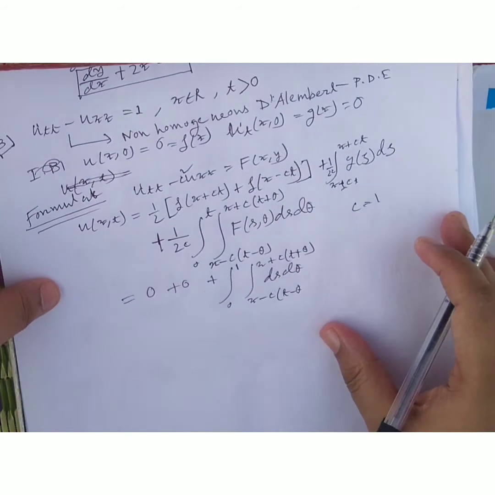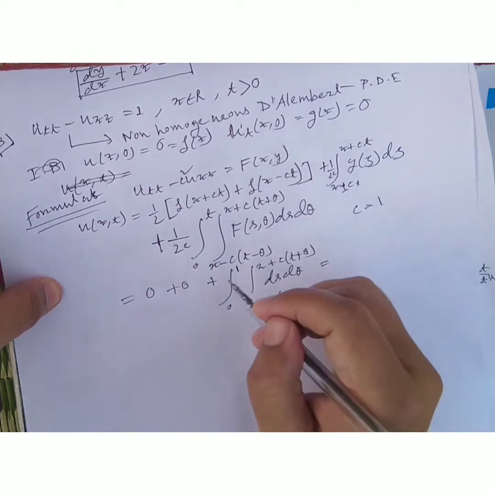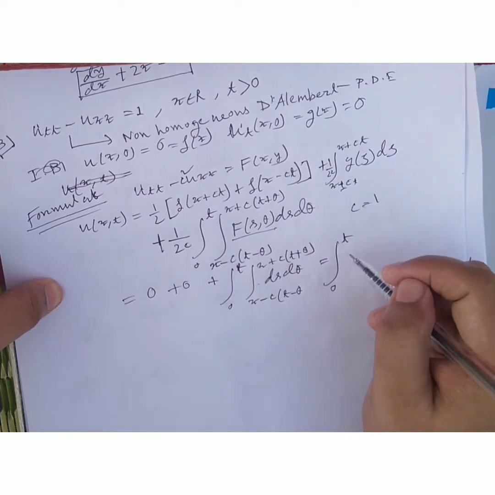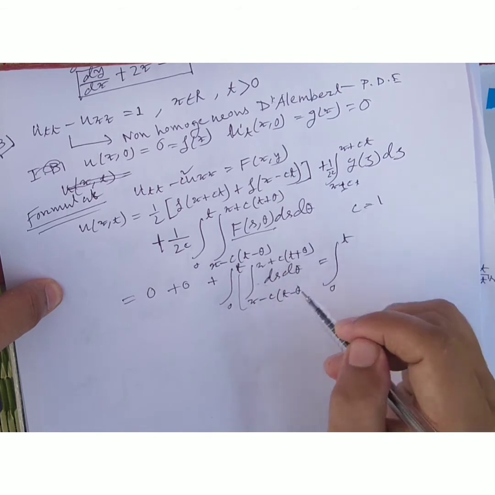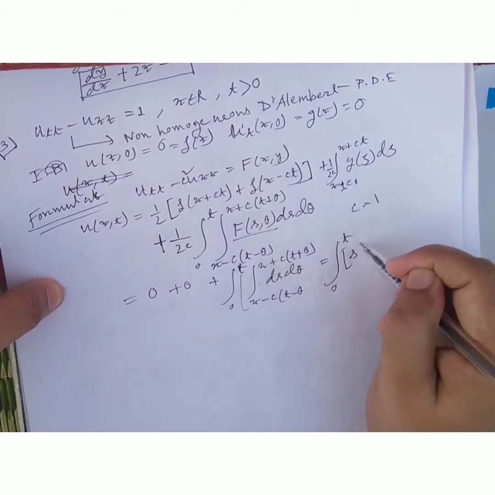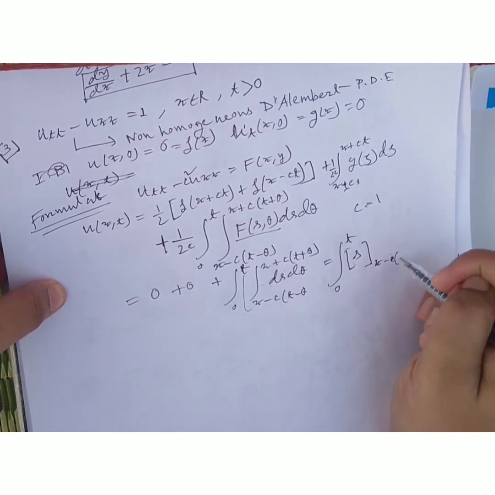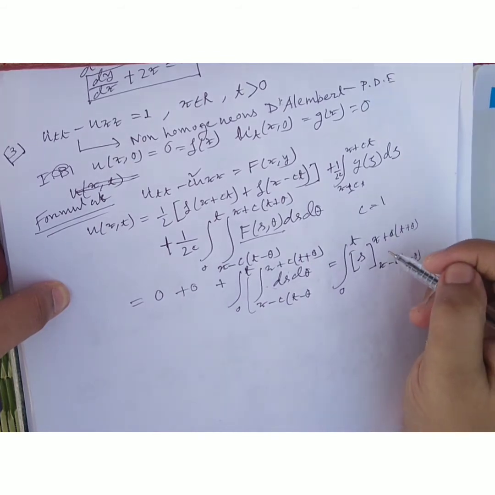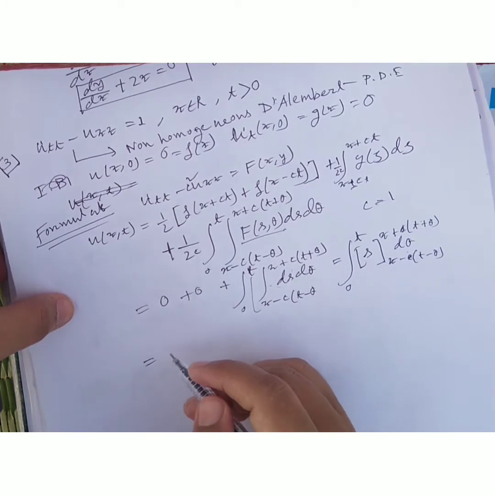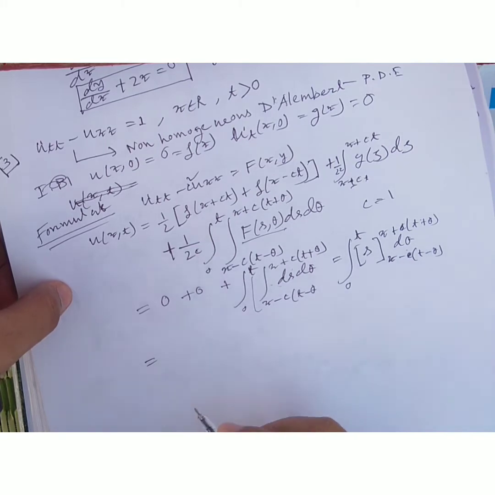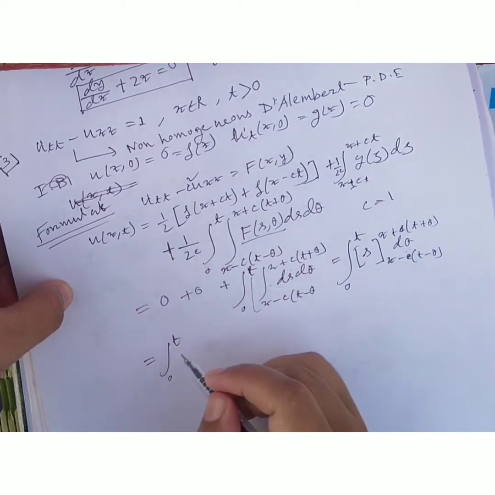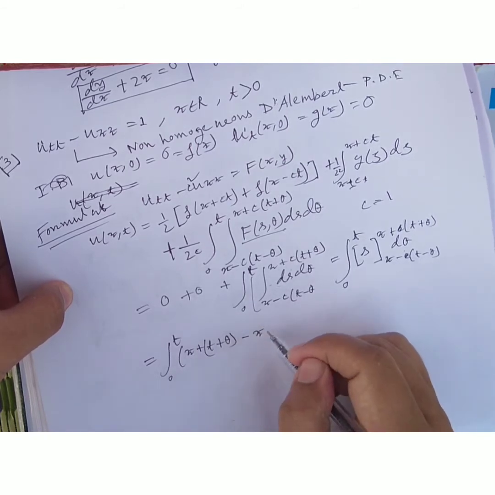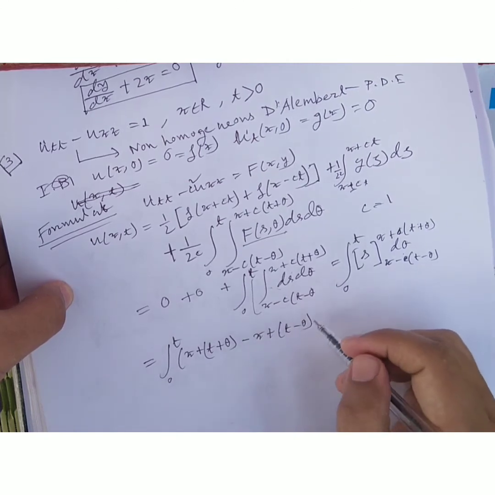Integrating ds gives s, so I get the integral from 0 to t of x plus (t minus theta) minus x minus (t minus theta), d theta.